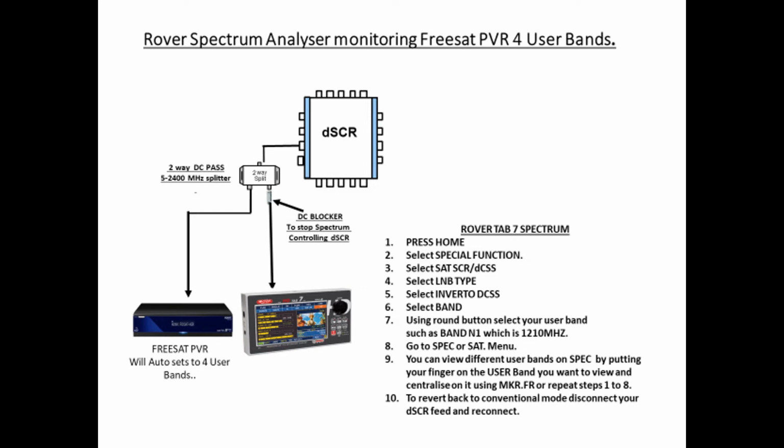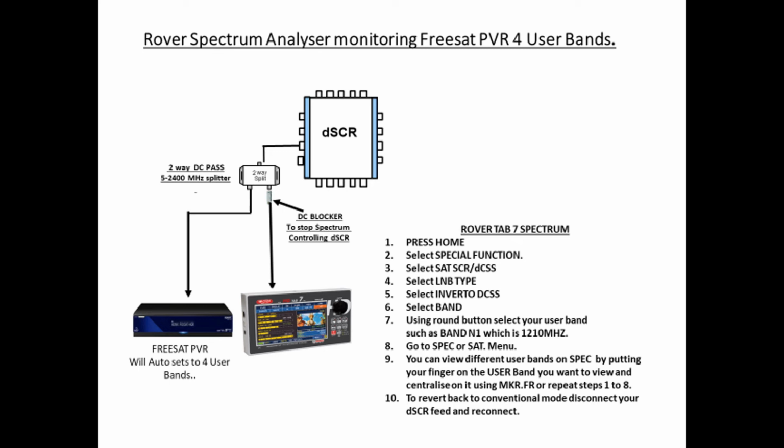Right, we basically got a slide here very similar to what we had earlier, where we were monitoring the Freesat PVR, except to use a Rover TAB7 this time. What you need to do is basically go to the home menu, select special function, select SAT SCR/DCSS, and then highlight LNB type, select Inverto DCSS, and then select the band.